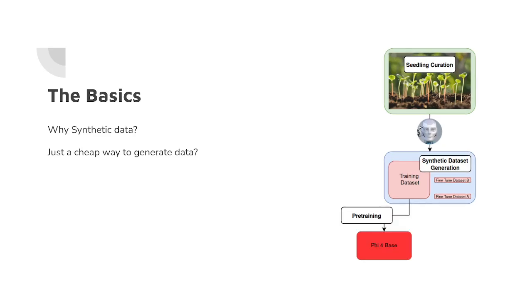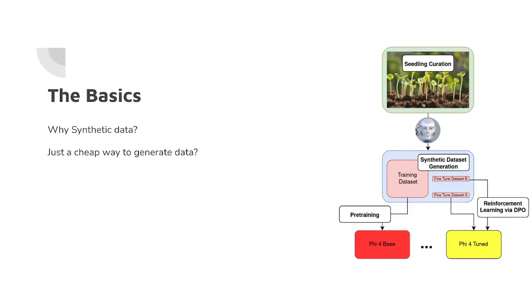Then we're going to train our Phi-4 model, which is basically the same thing as Phi-3. And then we're going to skip some steps in between for now, and jump straight into fine-tuning via reinforcement learning via DPO. So in this step, we're going to induce reasoning, and in the next round of reinforcement learning, we're going to add safety. So that's the workflow.